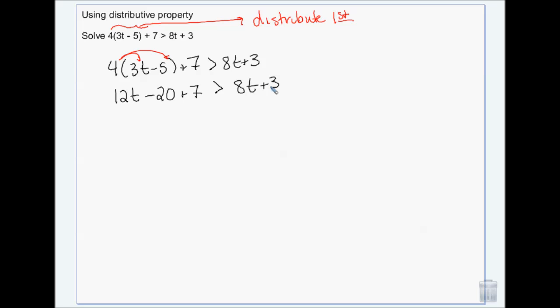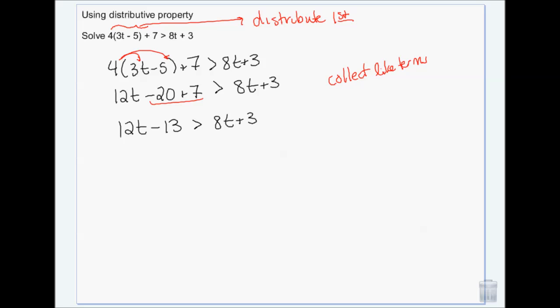The next thing I want to do is collect like terms. Okay, so here are my like terms. So you have 12t minus 13 is greater than 8t plus 3. Then I'm going to move my t's all together.